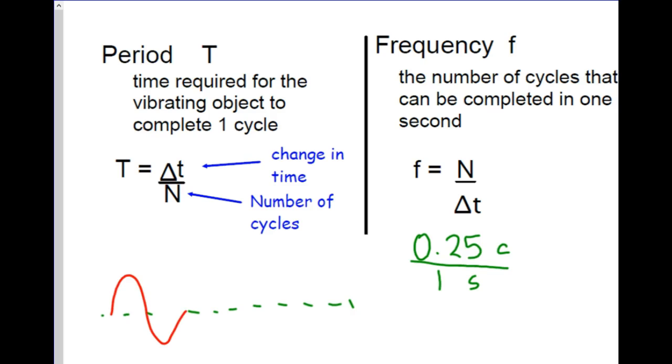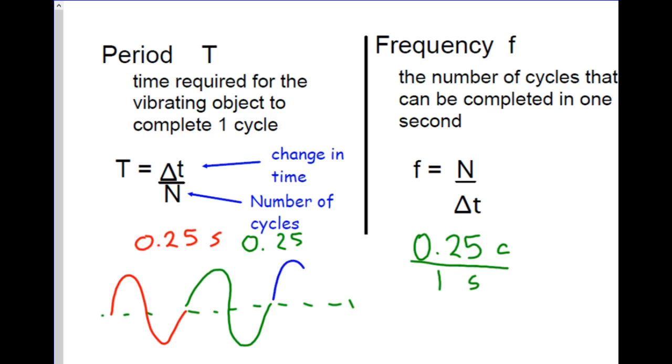One wave is 0.25 seconds. Second wave, another 0.25 seconds. See where this is going? Kind of, sort of, not yet.